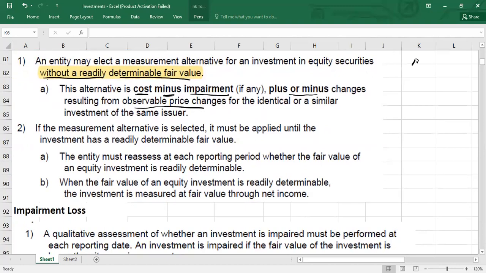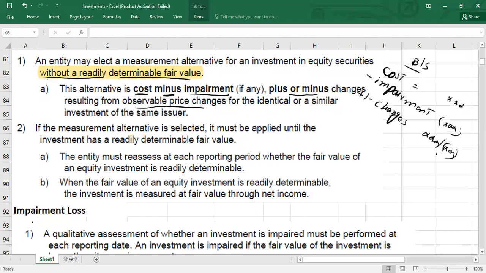In the balance sheet you put the cost of investment, less impairment if any, and plus or minus any observable changes in price. This is how you will get the carrying value of investment.